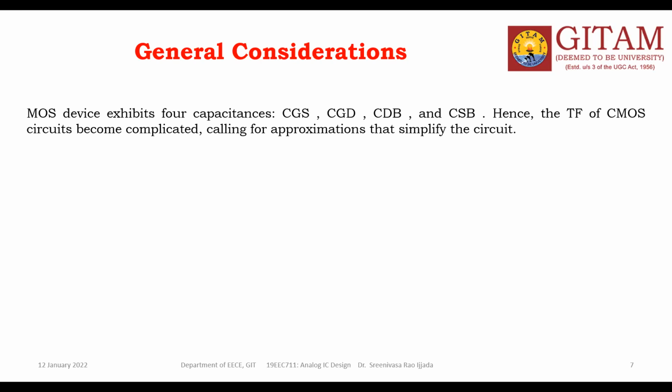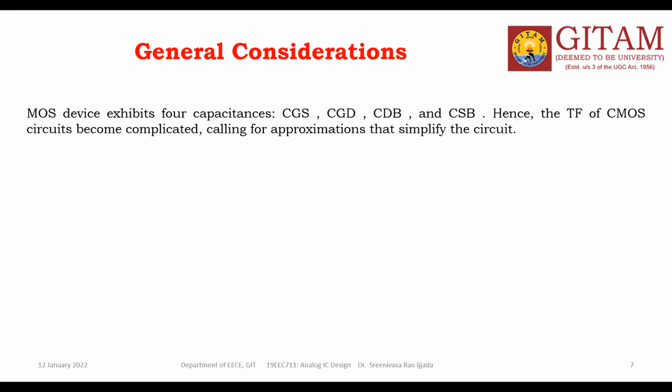If you take all 4 terminals, between each pair of terminals you can find one capacitor. Gate to source, gate to drain, drain to body and source to body. So knowingly or unknowingly, the device will form these 4 capacitors.